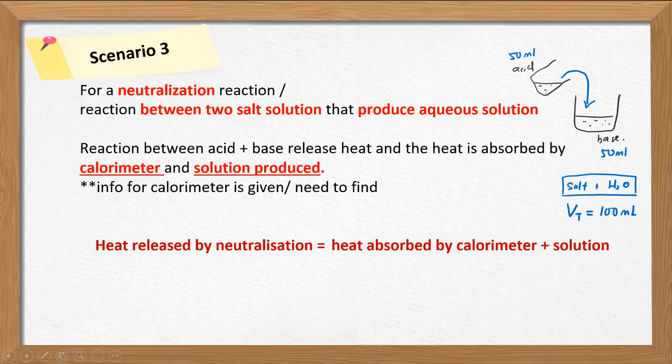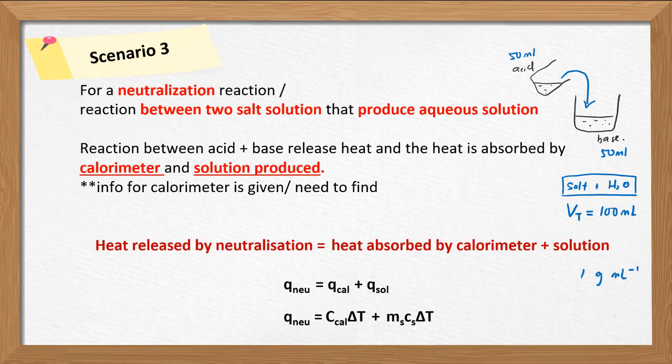And if the question gives you information related to calorimeter, or you want to find something about calorimeter, therefore your formula will include both the information for calorimeter and the solution. So for calorimeter it is C delta T, and for solution M C delta T. I'm using abbreviations S or SOL to represent solution.